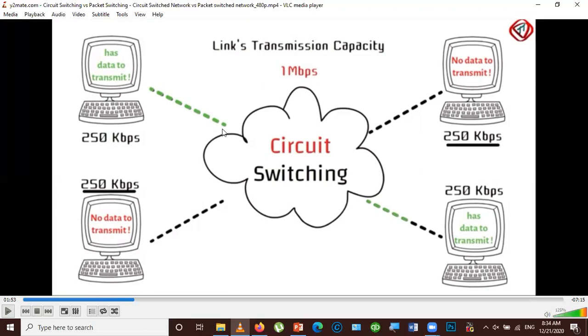So we cannot make the maximum use of the medium, bandwidth or capacity, because these two are reserved but not working or used, and only these two computers are using their bandwidth, which was already divided between them.